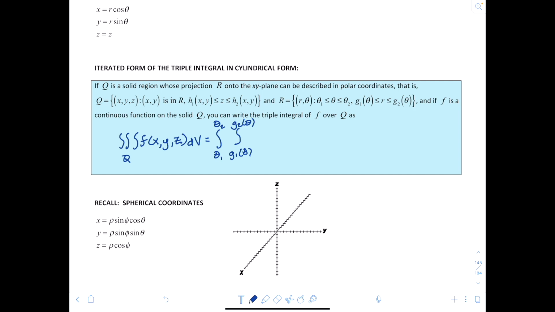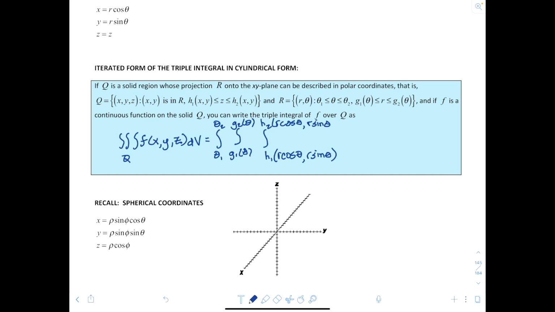And then this innermost integral will go from h1 at, these are the polar coordinates, which, don't be too intimidated, r cosine theta is just your x, right? And r sine theta is your y. And then we'd have h2 at r cosine theta, r sine theta.